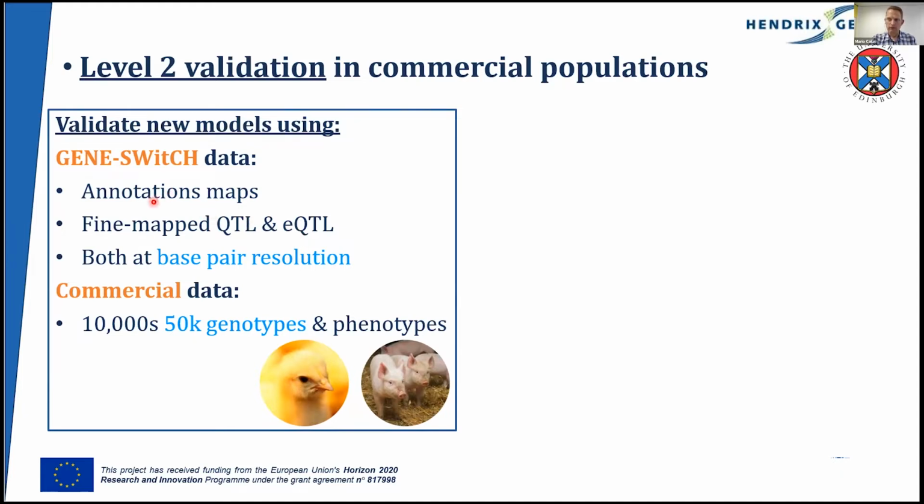But the thing is that both of these are at base pair resolution. And the commercial data where we're going to do the validation is very powerful in the sense that we'll have tens of thousands of individuals with genotypes and phenotypes, yet the genotypes are at 50,000 SNPs across the genome. So we have to make sure that the two can be matched together.